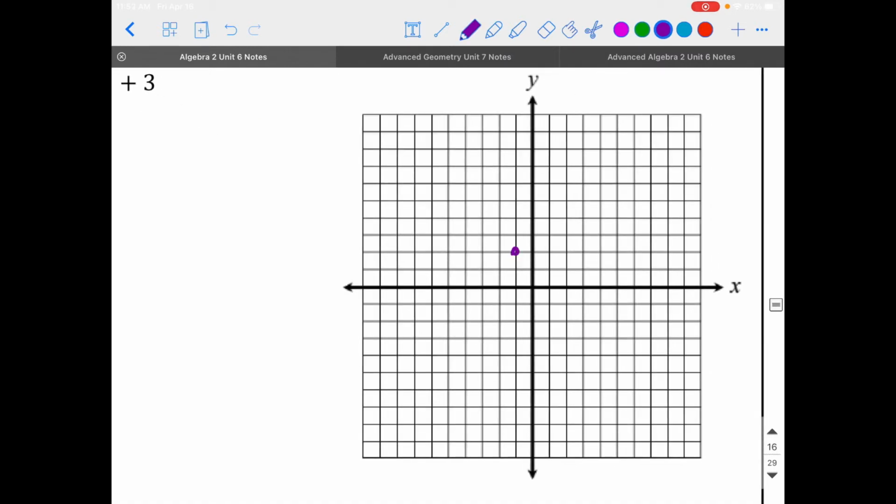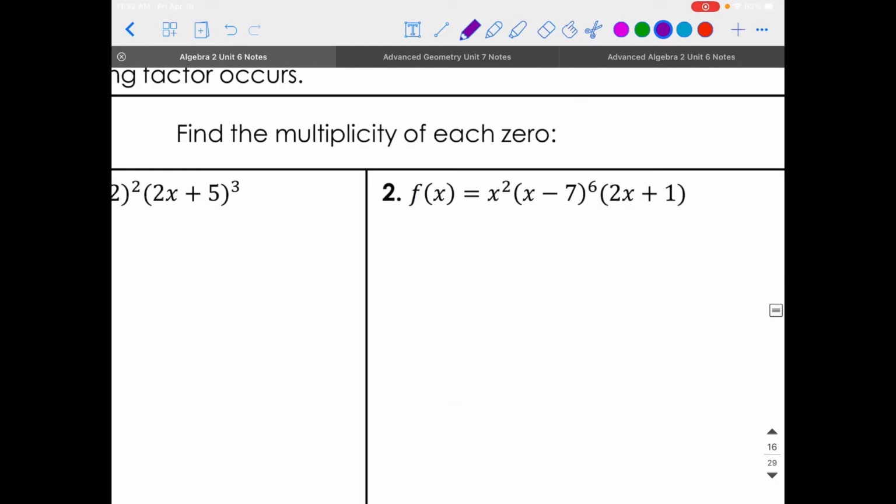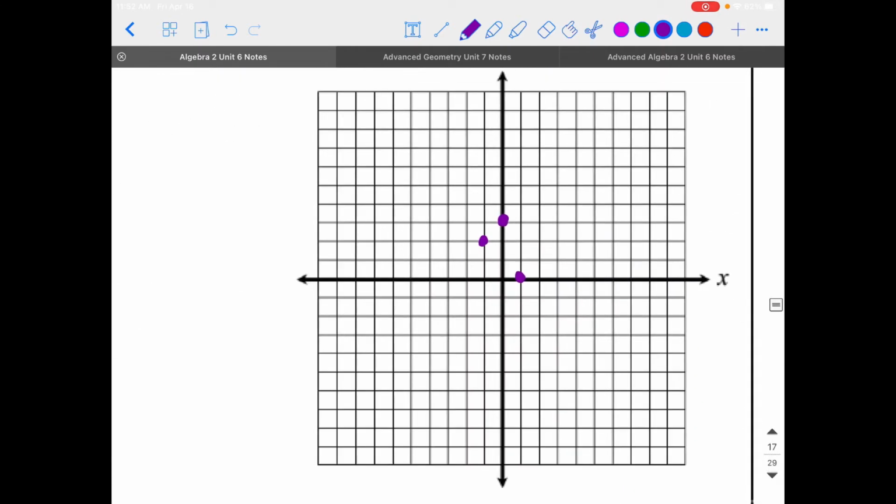All right, so -1, 2; 0, 3; 1, 0; and 2, -1. That looks like a funky thing, but if we look at the graph, it'll help us figure that out a little better.